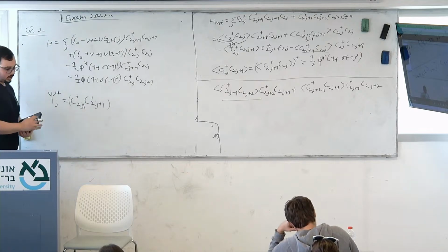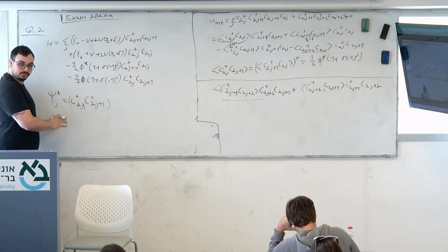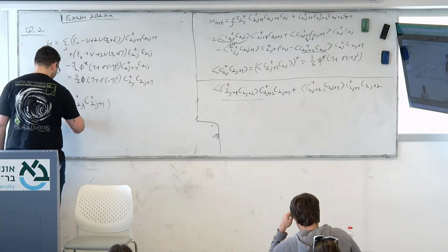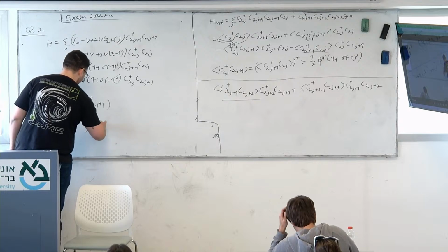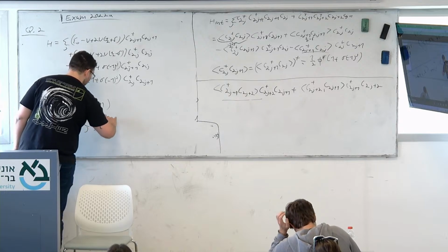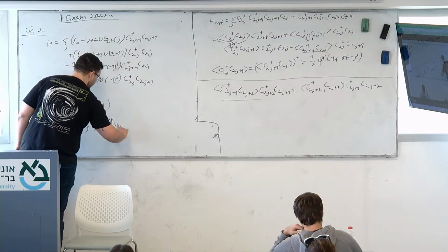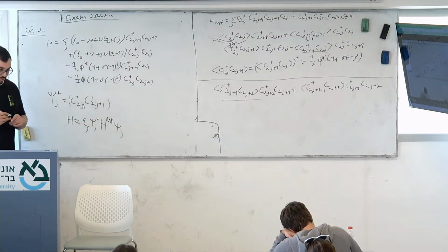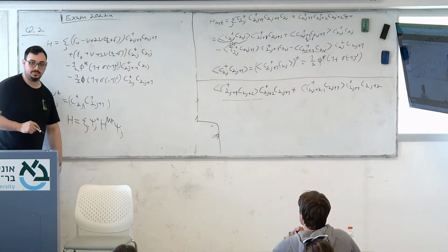Alright? And by looking at the vector and knowing that the solution for the matrix should be sum over j of psi_j dagger H psi_j, right? We know what will be the order of the operators outputting from this equation.